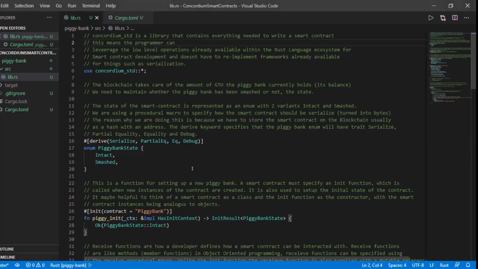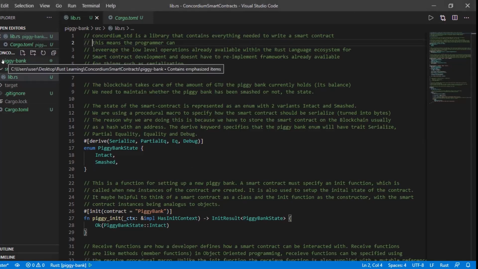The first thing we need to do is we have here, this is what Cargo looks like in my side panel. Cargo again is your package manager, and it's how you manage your project.